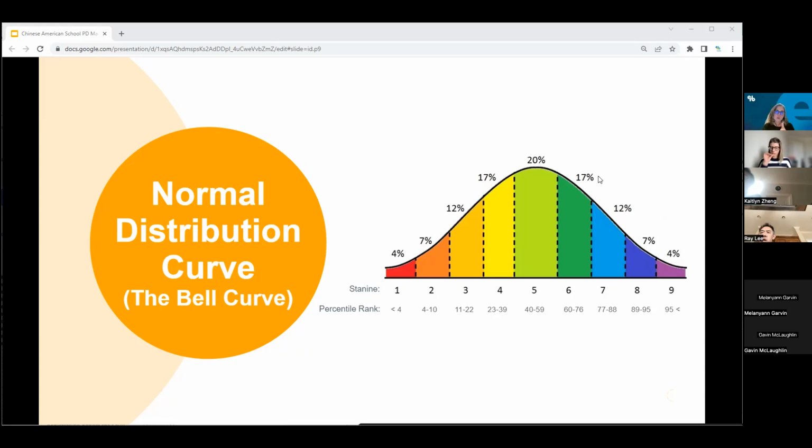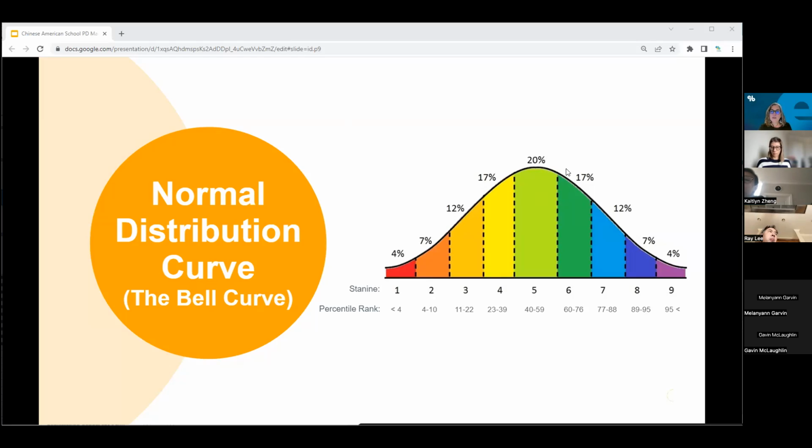In any scale or norm group that you're looking at, students fall somewhere on that bell curve. Somebody will be at one end and somebody will be at the other end. In terms of stanine, basically what we do is break that bell curve into 9 different segments.